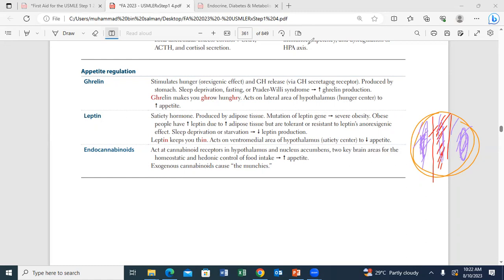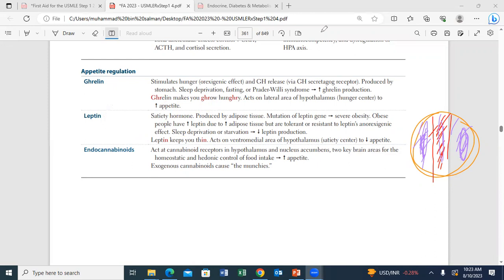Another important thing is that leptin is involved in gonadotropin releasing hormone secretion. Right now, this is an extra point. Leptin is involved in the formation of gonadotropin releasing hormone in the hypothalamus. So what basically happens is, if there is an athlete, or a very lean girl, because she's a model, she's very weight conscious, and she has lost the fat, so very little adipose tissue, and so she is facing amenorrhea.